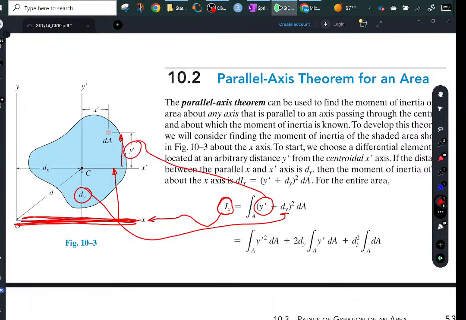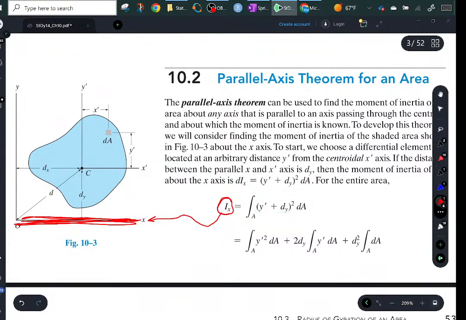So by nature, what I'm doing is I've got two coordinate systems. One is sitting down here with an origin here, and the other one has an origin that sits right at the centroid, and that's important. So here's the one that sits at the centroid. He tells me I want to find the Ix about this line, not this line.